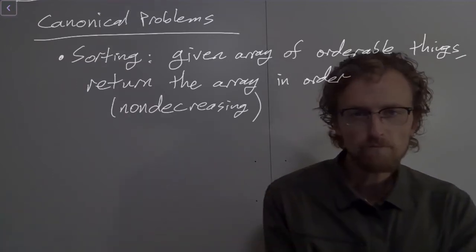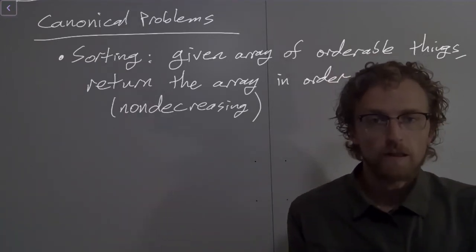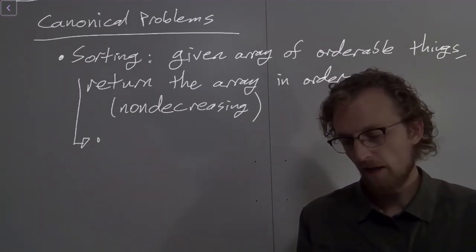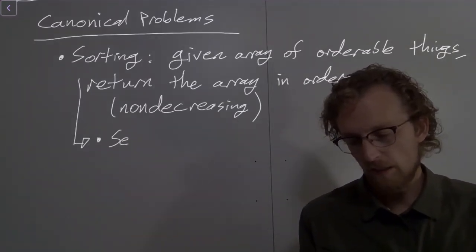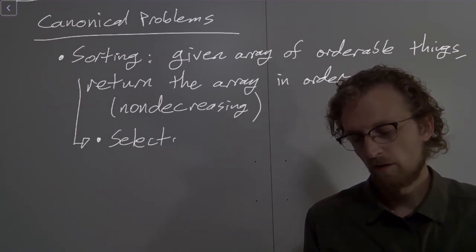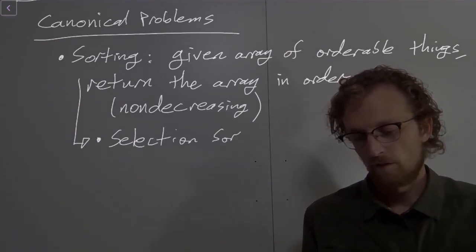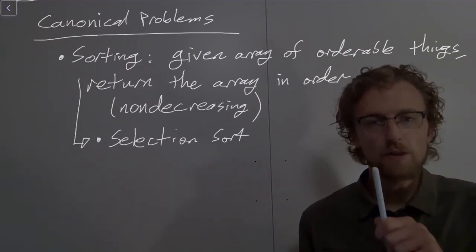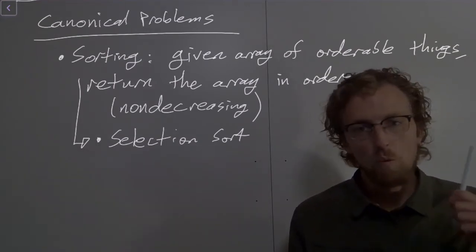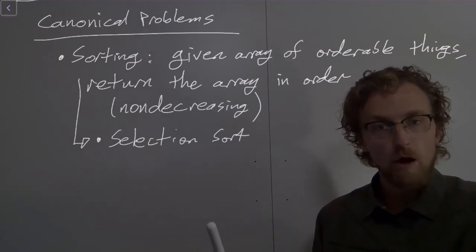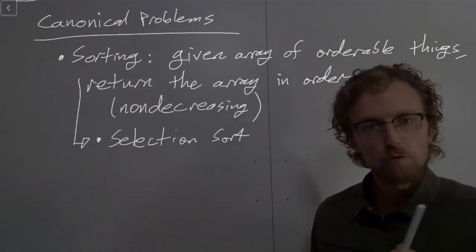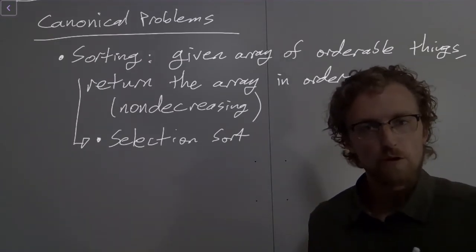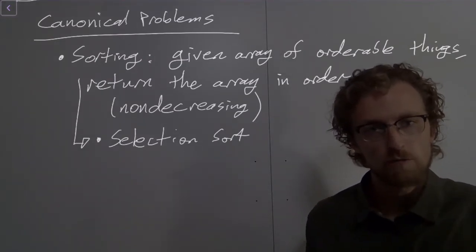There's a variety of sorting algorithms that you've likely seen. Some of the algorithms that we run into for this are things like selection sort. Selection sort is the one where you begin at the front and you walk down the array, find the smallest thing, keeping track of the smallest thing you've seen, and then you swap that thing into the location where you started.